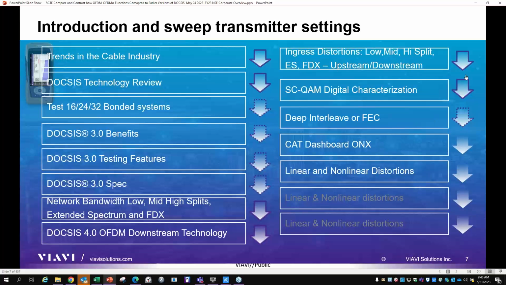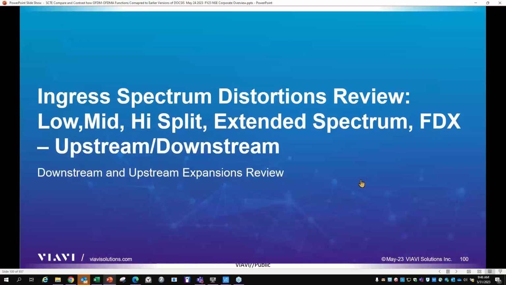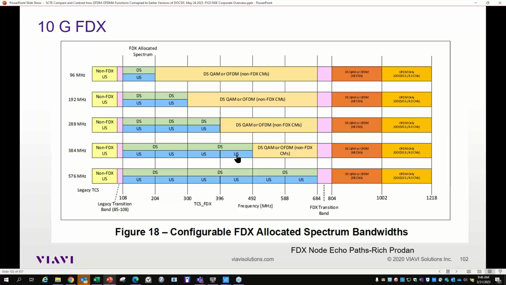All right, so let's go ahead and look at the future of FDX if we do move forward. We talked about this earlier, right? What happens from an ingress perspective if we deal with noise and other anomalies on the upstream?